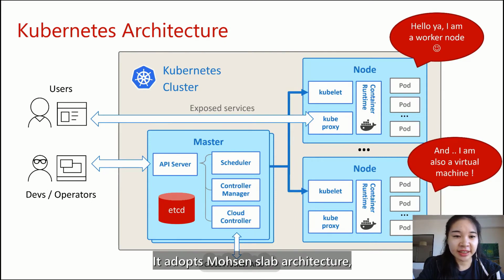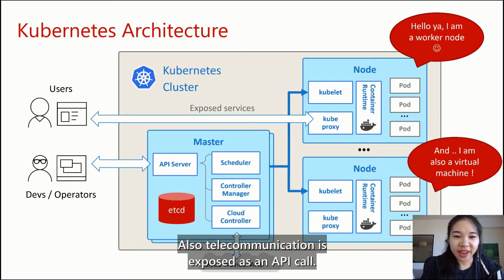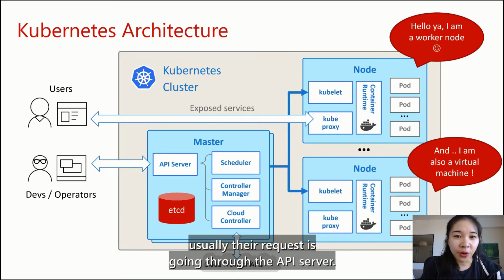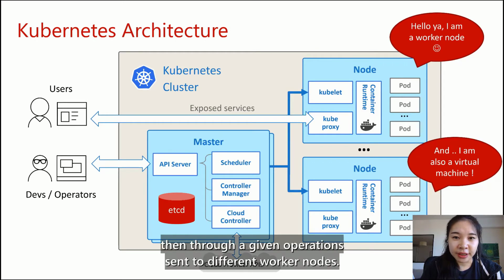It adopts a master and slave architecture, which is very clever because it separates the concerns of how workloads are managed and executed. Also, the communication is exposed as API calls. So when an end user is trying to talk to your Kubernetes cluster, their request usually goes through the API server, which translates it into an instruction, then through different operations sends it to different worker nodes.